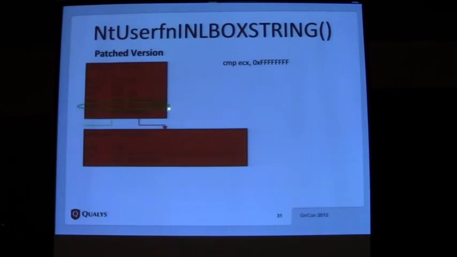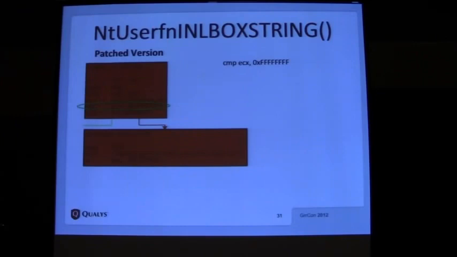If you see the instruction here, mov ECX, [EBP+arg_0]: whatever is the first argument passed to this function was moved to ECX. ECX is then compared with this whole bunch of FFs, which is nothing but -1, the 2's complement of -1. And if it is -1, it goes into this block and calls a function.